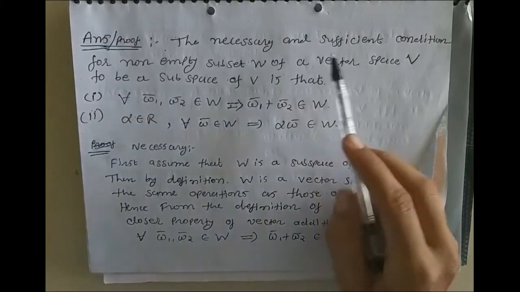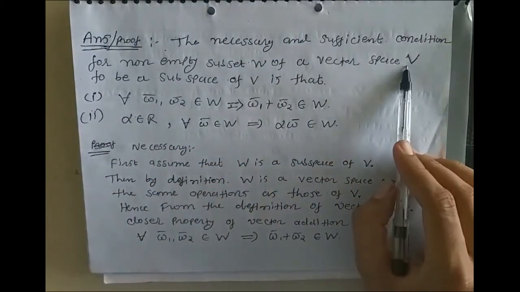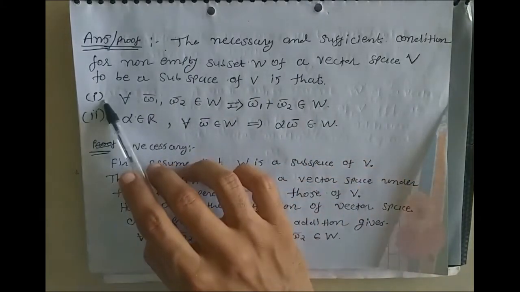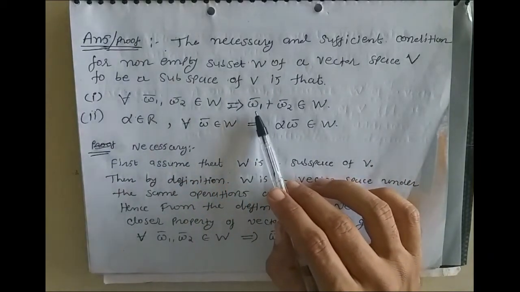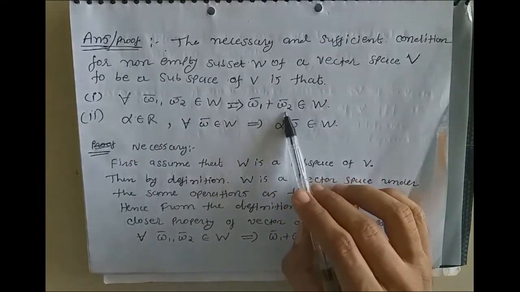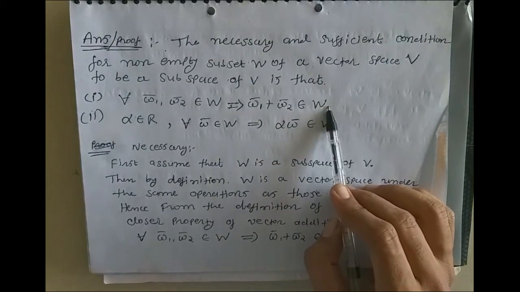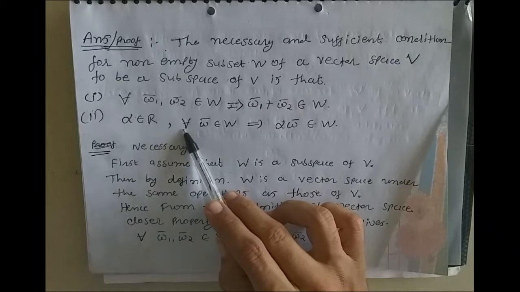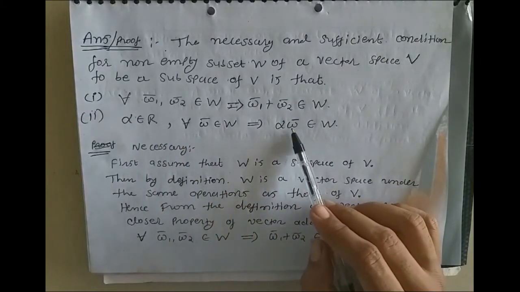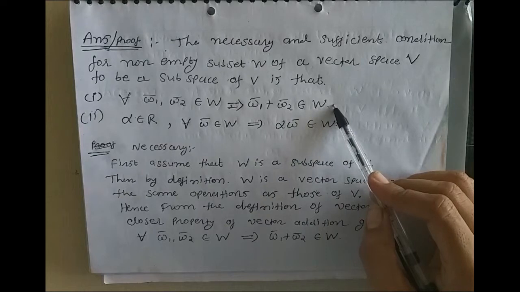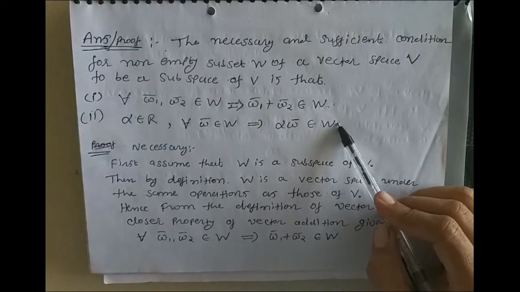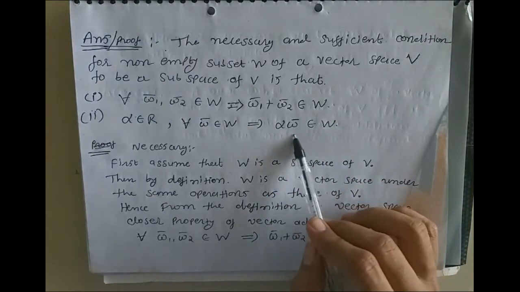The necessary and sufficient condition for a non-empty subset W of vector space V to be a subspace of V is, first condition: for all vectors W1, W2 belonging to W, the vector addition W1 plus W2 belongs to set W; and for all alpha belonging to R and for all vectors W belonging to W, alpha times W belongs to W. This means scalar multiplication also belongs to W. So the first condition shows that set W is closed under vector addition, and the second condition shows that set W is closed under scalar multiplication, because here it is the vector addition, here it is the scalar multiplication.